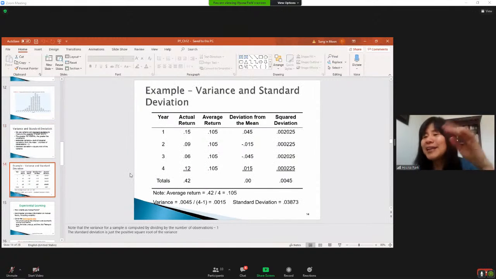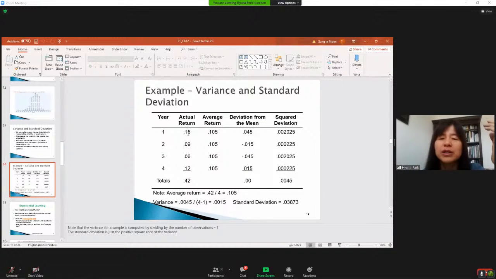It's too many to include 252 trading days of return data. That doesn't fit in one slide. So that's why I'm using 4 years of annual returns, 4 data points, to explain how to do the calculation. So let's take a look at this annual return example.